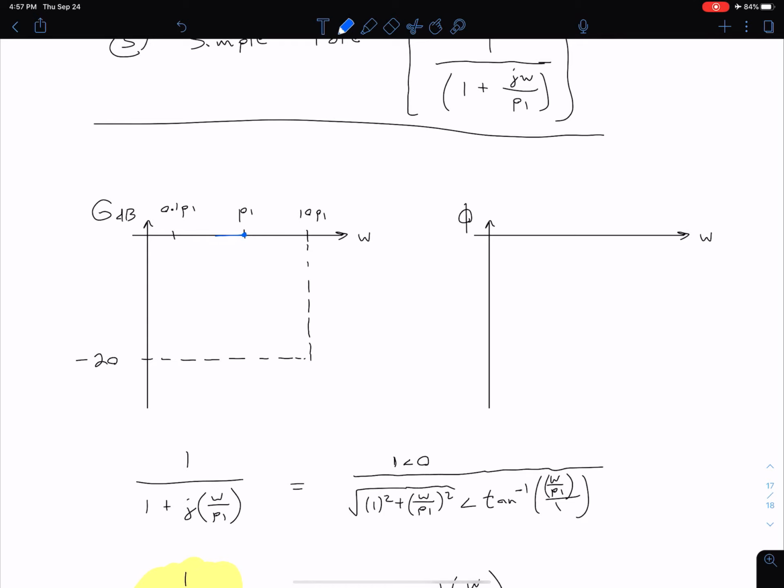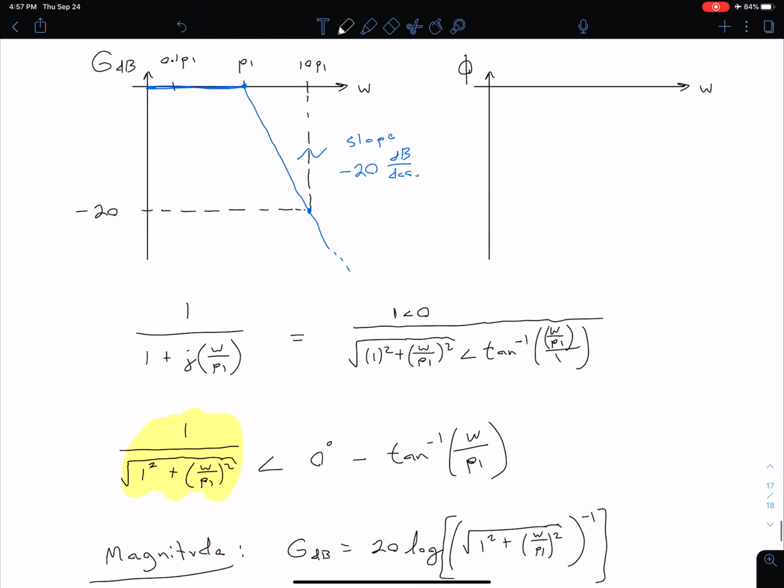So anything less than that, we're going to have a gain in decibels of 0. And once we exceed that corner frequency, we're then decreasing with a slope of 20 dB per decade. And of course, that just continues going there. So this is a slope of negative 20 dB per decade. So we get something that looks like that.